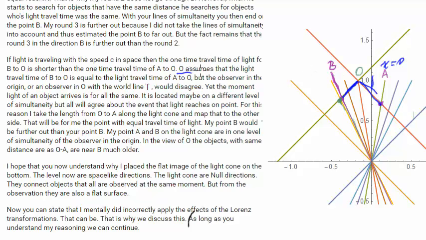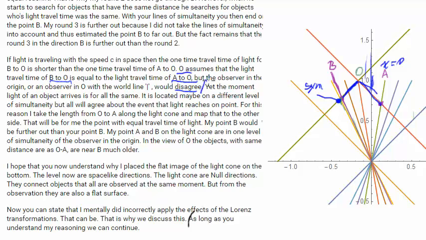O does not assume that the light travel time of B to O is equal to the light travel time of A to O. What he would say is that the light travel time from this point of symmetry, from that event to O, is the same as A to O. The observer in the origin or an observer in O with this world line would disagree. Well, they would both not agree that that took that time, but for different reasons.